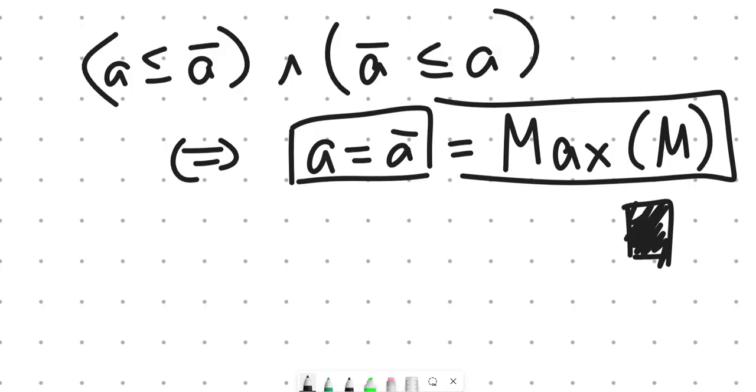Now the second way of proving the minimum of the set M is also very easy.